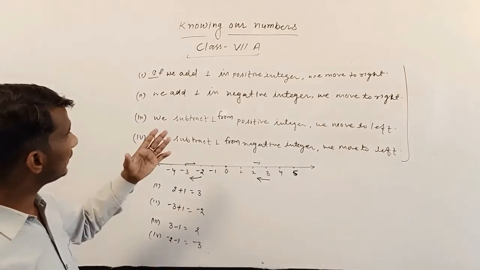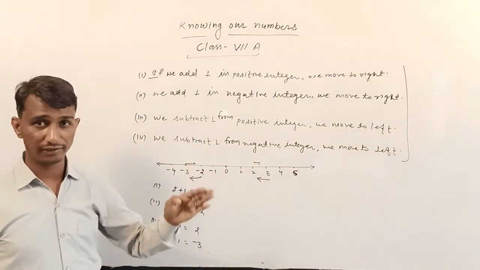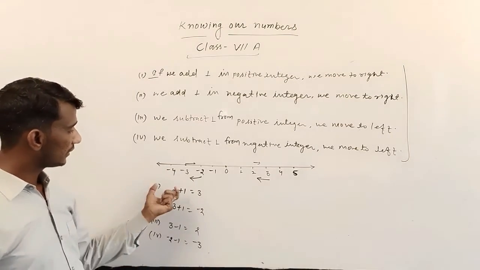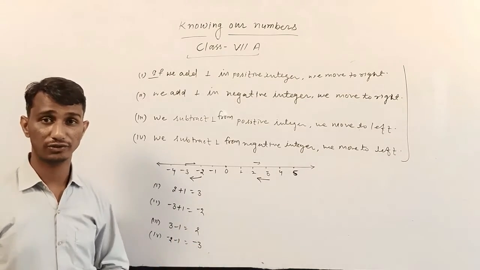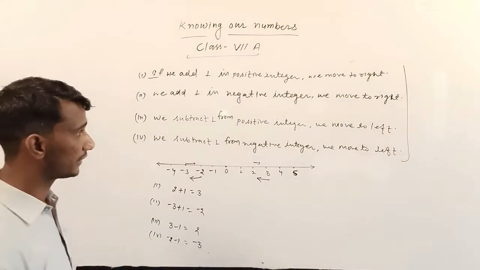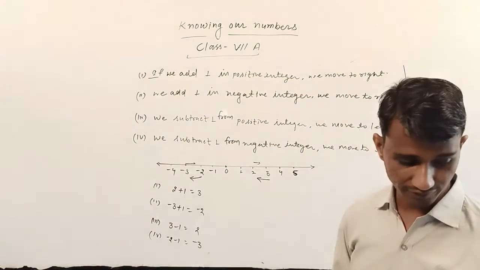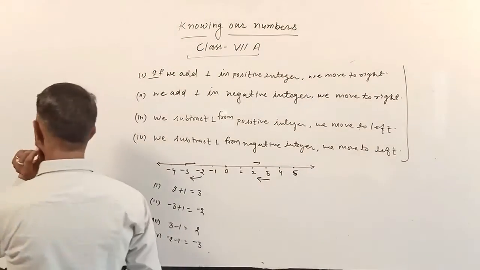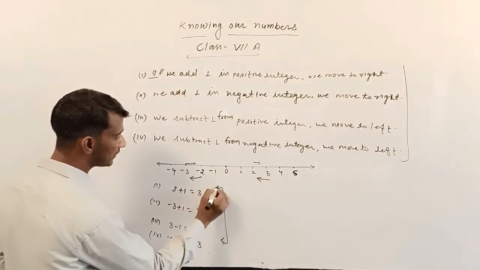So before studying multiplication and division, we should study addition and subtraction and their combination also. Okay, look here at how to solve addition and subtraction of integers. One more thing here, you can make a concept from these examples.